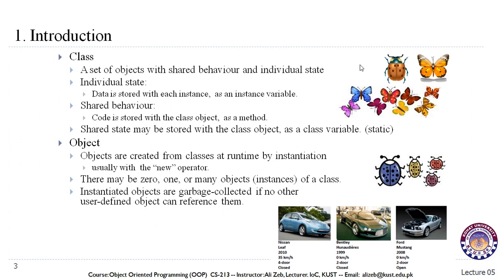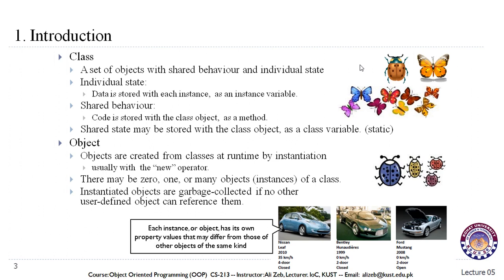Then there can be properties for color, the number of legs, and other attributes associated with each class. Similarly, for the car class, we have different attributes. They are associated with each car, but the values for each object of the car class can be different. For example, in the given example, each instance or object has its own property values that may differ from those of other objects of the same kind.